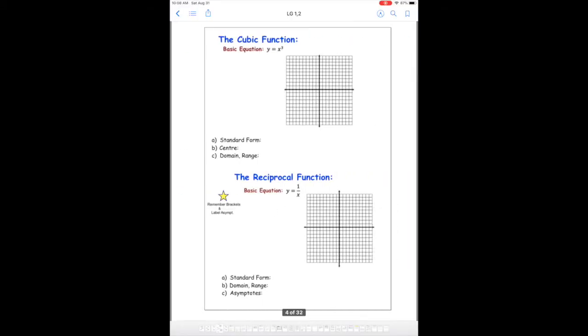Now we're going to move on to the cubic function. Well, the cubic function I call the snake. Okay, it looks sort of like that. Sort of looks like a snake slithering through the grass. Okay, so let's just put some points in to get a graph. So if I put 0 into x, well, 0 times 0 times 0 is 0. If I put 1, 1 times 1 times 1 is 1.